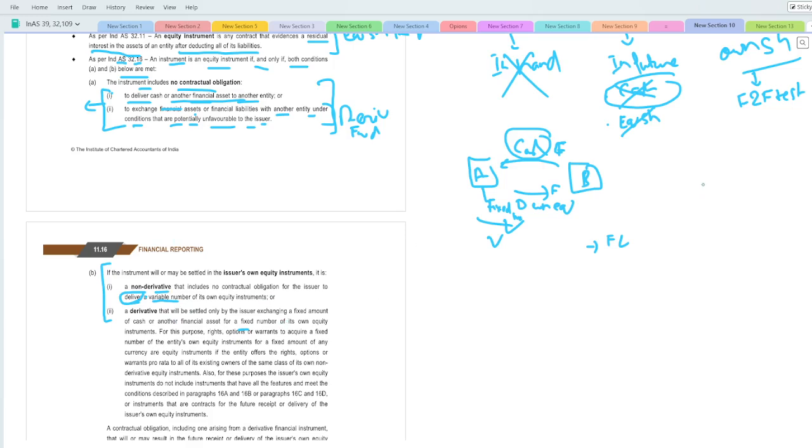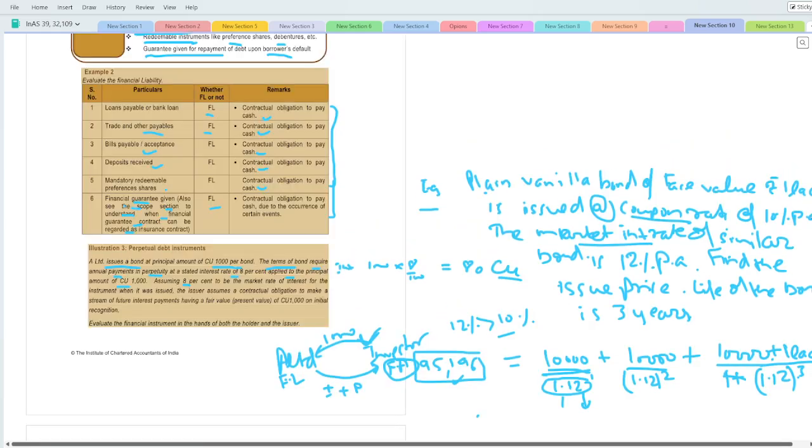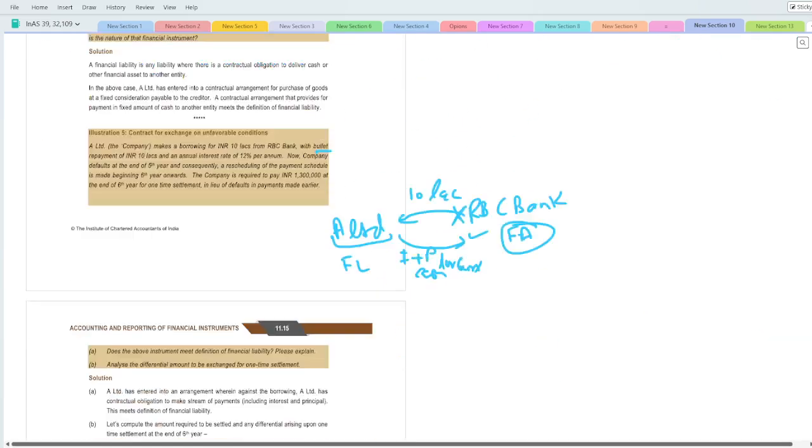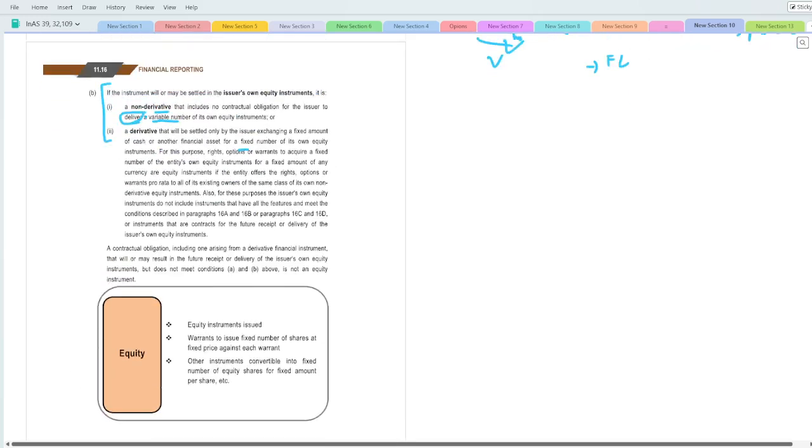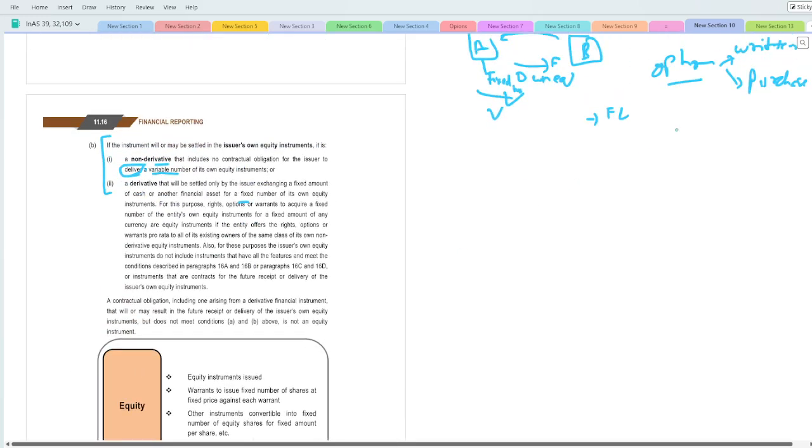It depends. Like in the option, if it is written or purchased, this is a little bit tricky here. This will be covered here in detail. For the option, if it is written, that means it will be coming under the liability side.